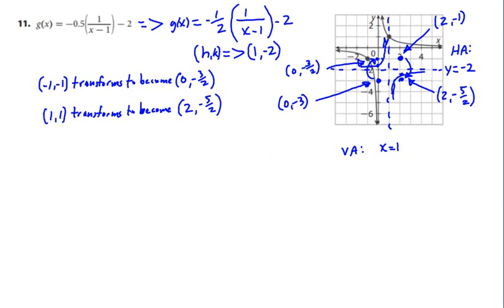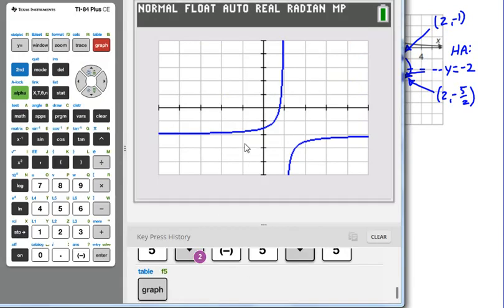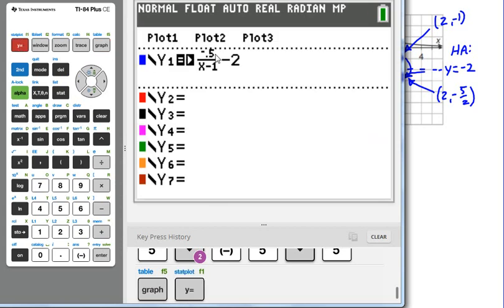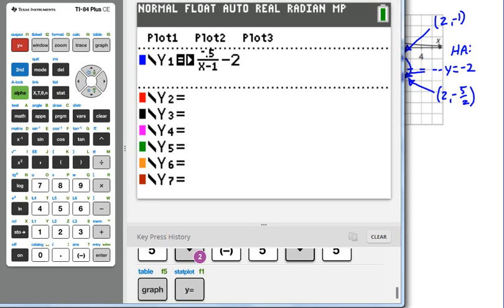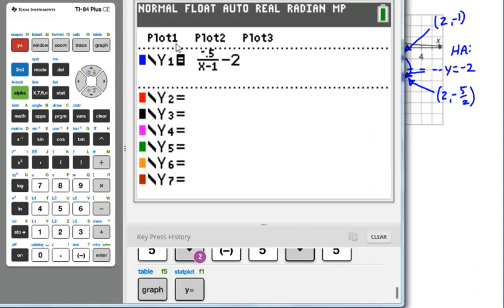What I did is I went to my TI-84 CE calculator and put in this version here. I put in the numerator negative 0.5 over x minus 1 minus 2, and this is what it looks like.